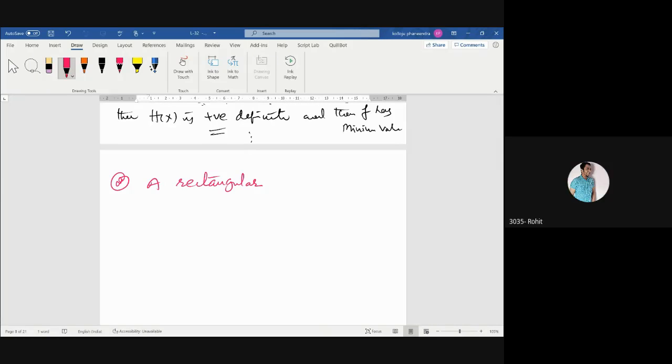Yes. Third units. A rectangular box open at the top is to have volume of 32 cubic feet.